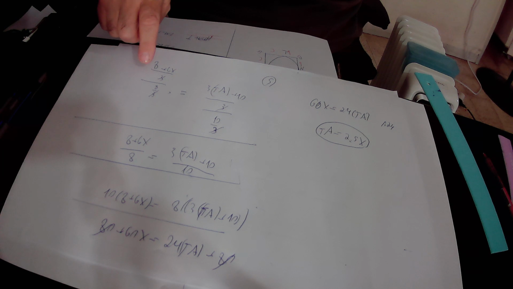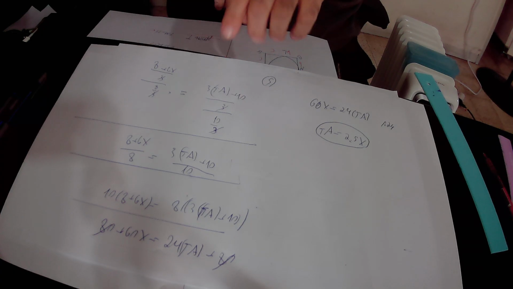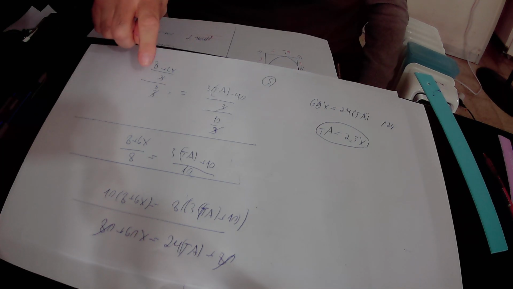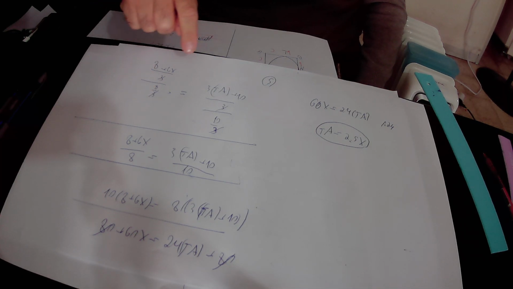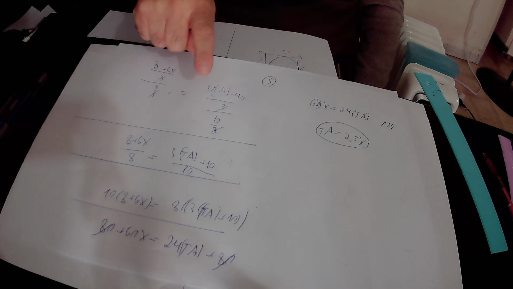Here we have 3 in the numerator and 3 in the denominator, so the 3 gets cancelled. We are left with 8 plus 6x over 8 on this side, which is equal to (3TA plus 10) over 10.